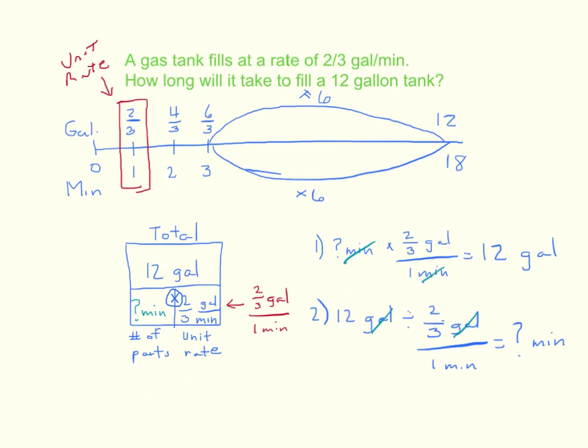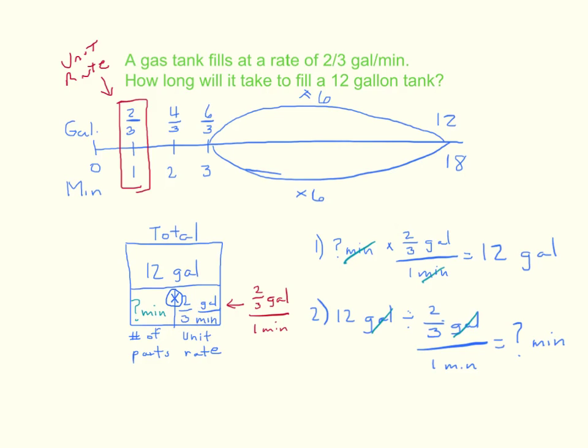Another visual that can be helpful is this factor product grid that looks a lot like a part whole grid, and it allows us to think about the two factors being multiplied to get the product, or the total being divided by one of the factors to get the other, or vice versa.